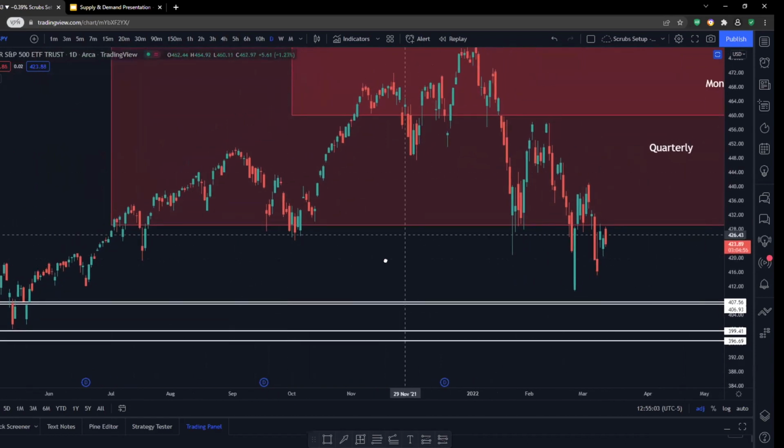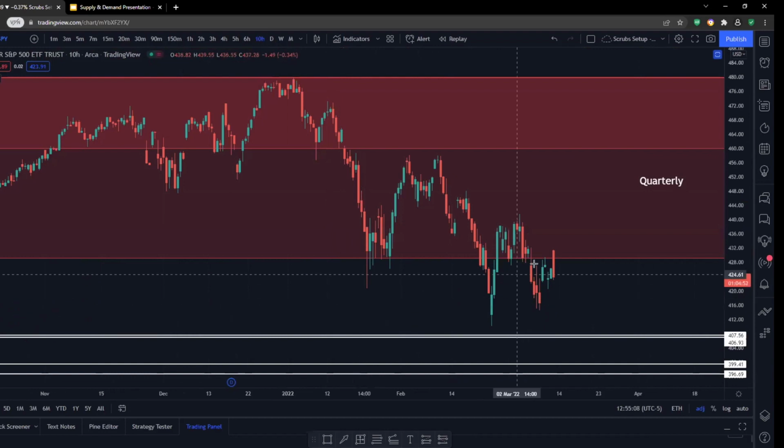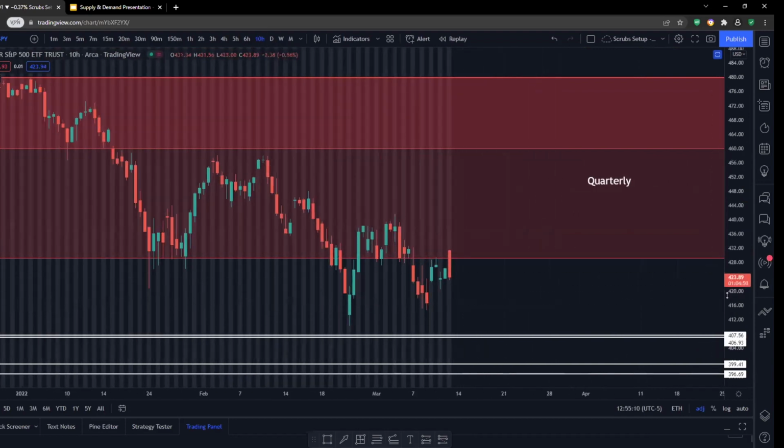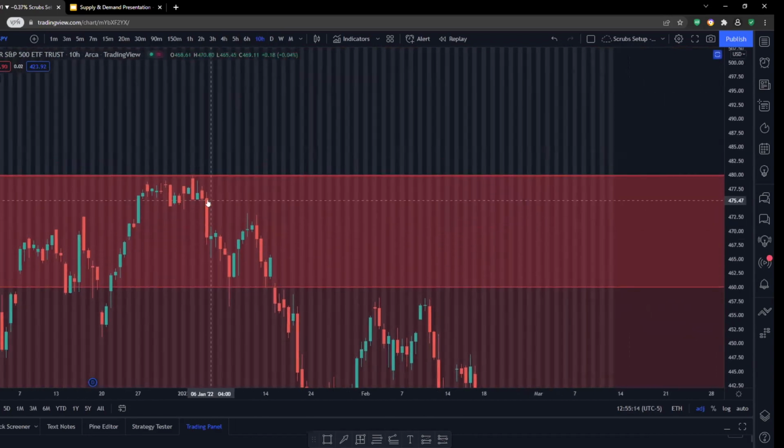There's nothing else I'm spotting right here, so I will keep going lower and see what else we can find. Here's another thing. Actually, I spot a couple. We have a drop, a base, a rally, and then after that rally we based out again and dropped, right?